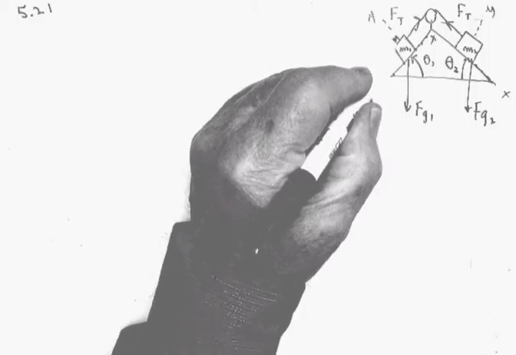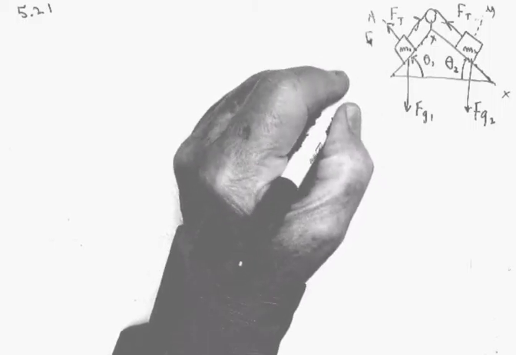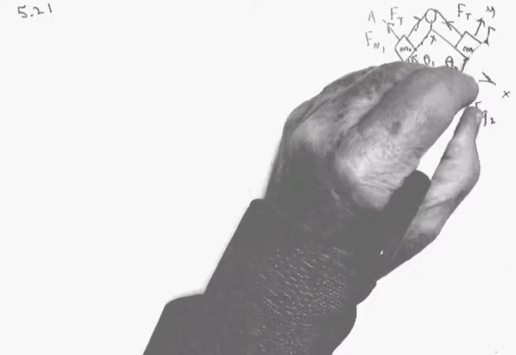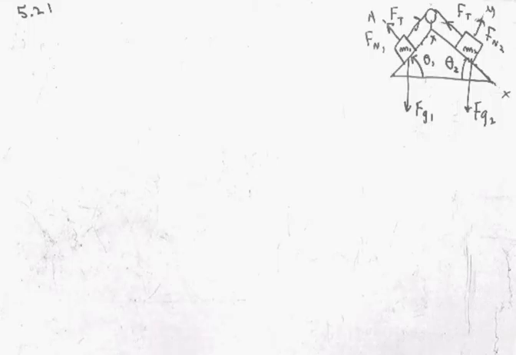There will be a normal force, Fn, on block 1, and a normal force, Fn, on block 2. But I think we're not going to have to worry about the y direction at all in this problem. I think we can solve this problem by just looking at the x-axis forces for both the individual blocks.